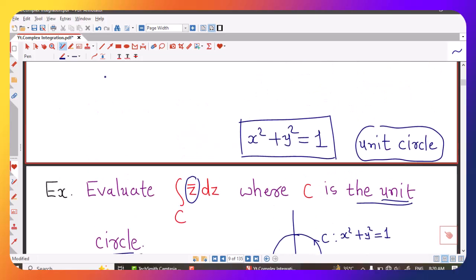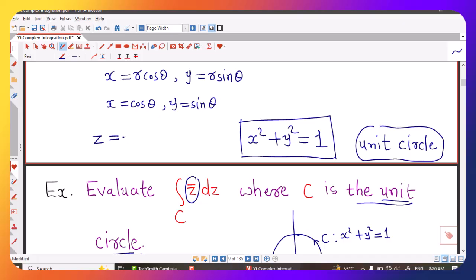And we know that if we consider x equal to r cos theta and y equal to r sin theta, where r is the radius and it is 1, therefore we have x equal to cos theta and y equal to sin theta.